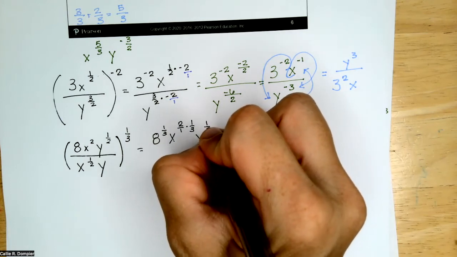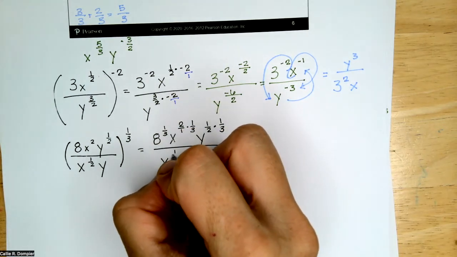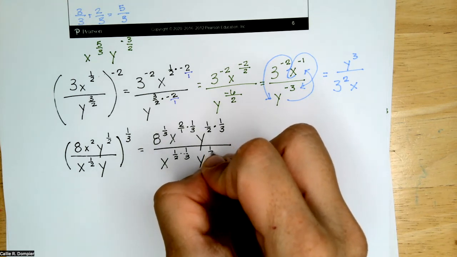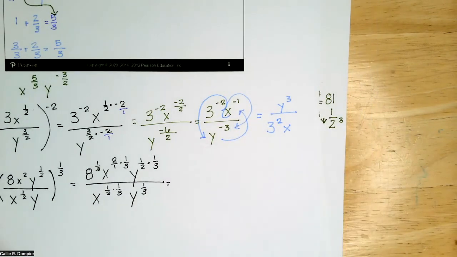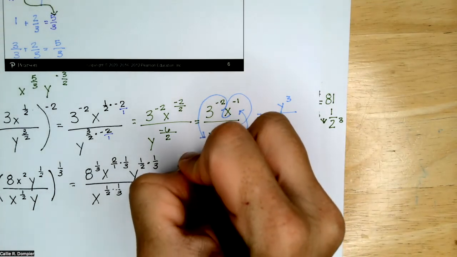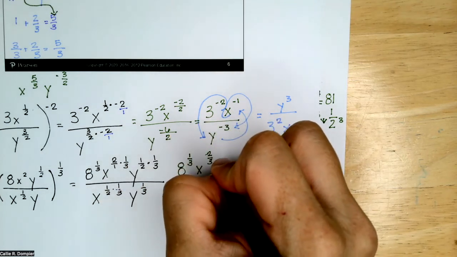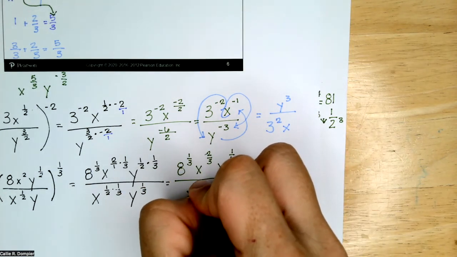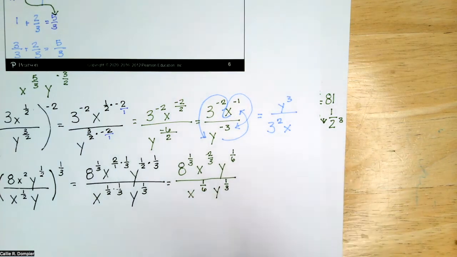Y 1 over 2 times 1 over 3. x 1 over 2 times 1 over 3, y 1 over 3 alone. Okay. Leave that alone. 8 to the 1/3 x to the 2/3 y to the 1/6 over x to the 1/6 y to the 1/3, right?